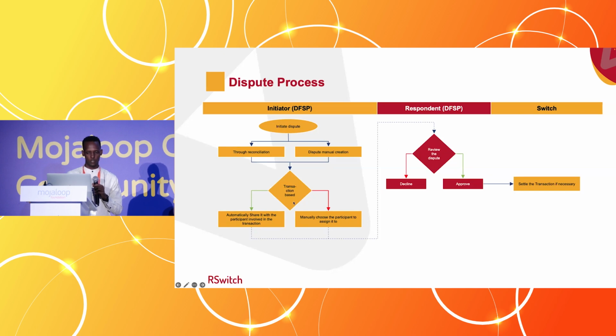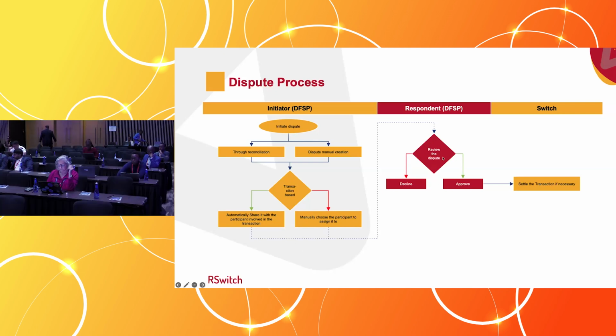And if it's not transactional based, the initiator should choose which DFSP or the hub itself that they want to raise the dispute to. And the respondent will review the dispute and approve it or decline it.